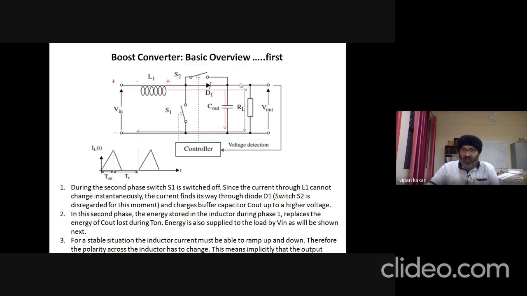So we can say from here that the voltage drop in this load is higher in this phase 2 due to the total energy transmitted through this load.